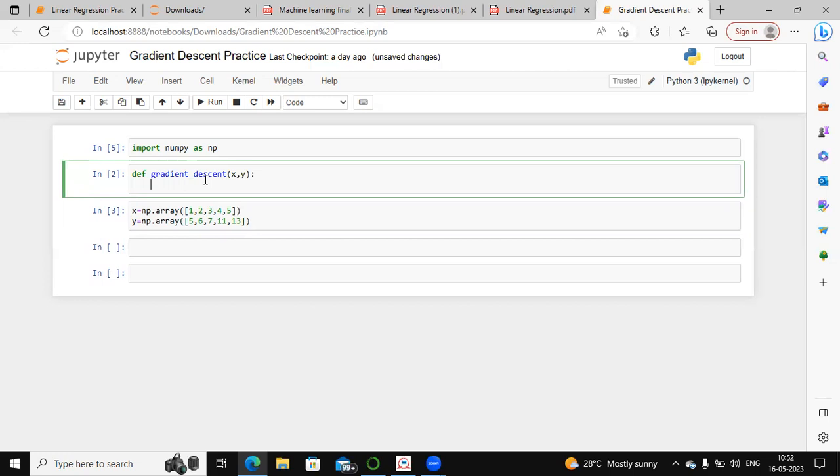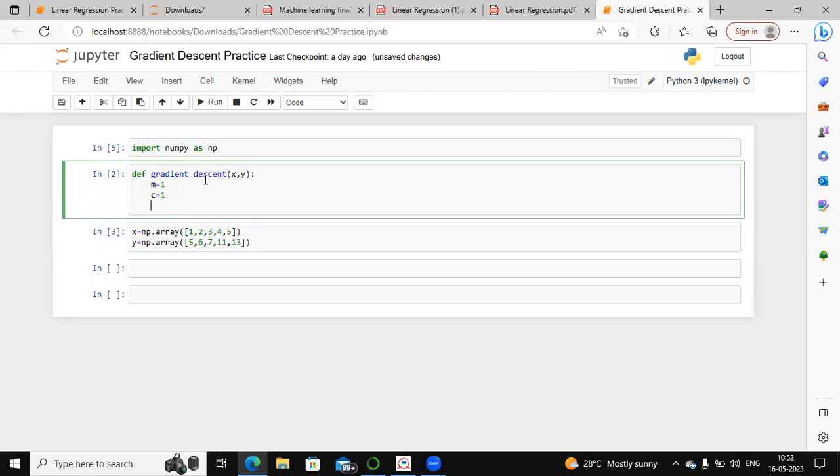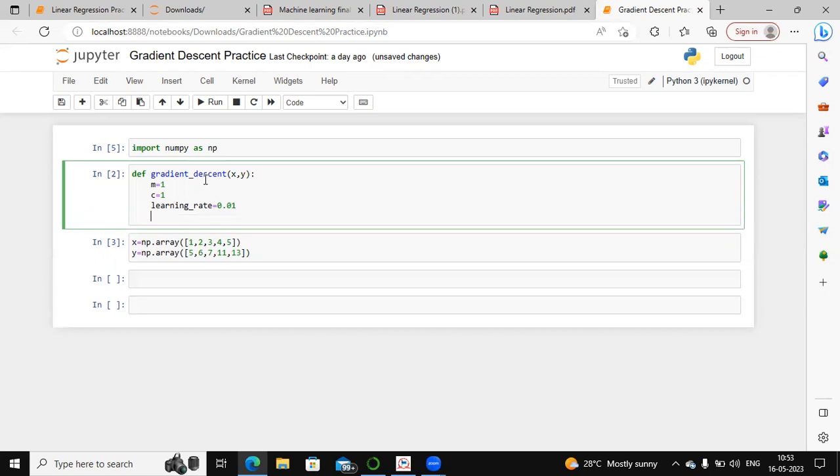For easy computation purposes, I will take slope as 1 and intercept as 1 as well. The learning rate is 0.01, sorry, 0.01.